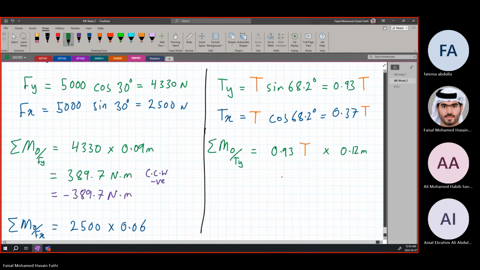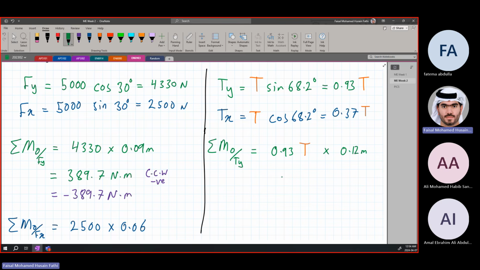If we simplify this, it's 0.93 times 0.12, which is 0.11 T.